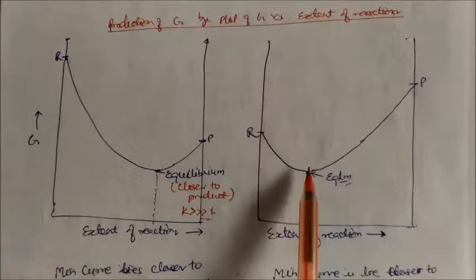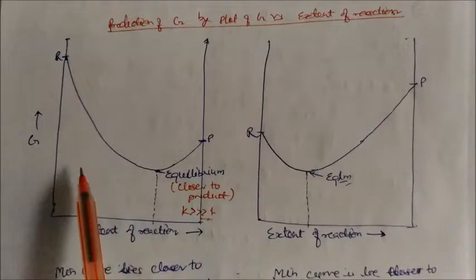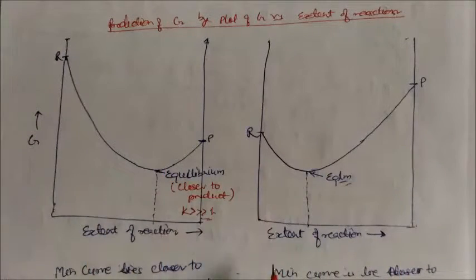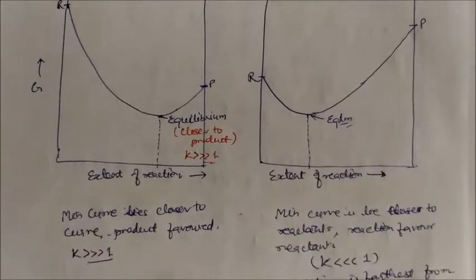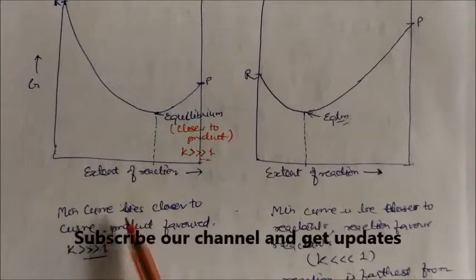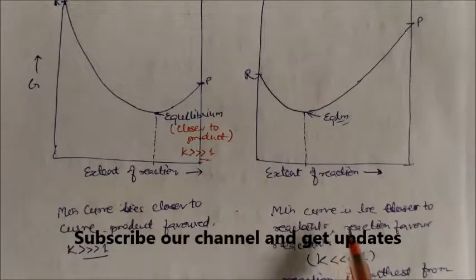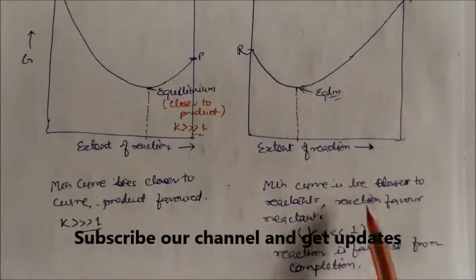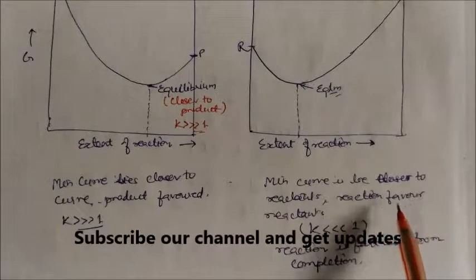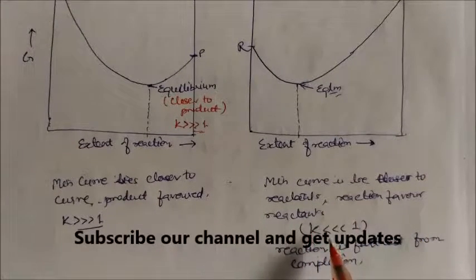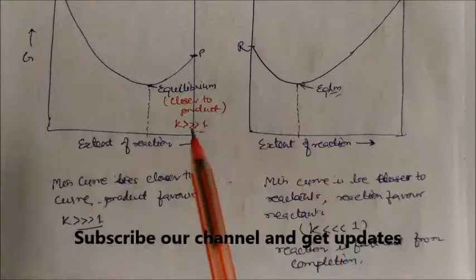It can also lie on the other side, where the extent of reaction is more towards the reactant side. So if the minimum of the curve lies closer to the product, the reaction is product favored, and if the minimum lies closer to the reactant, the reaction is reactant favored, meaning K will be less than 1, and the reaction is far from completion. This is the meaning of the difference between these two curves.